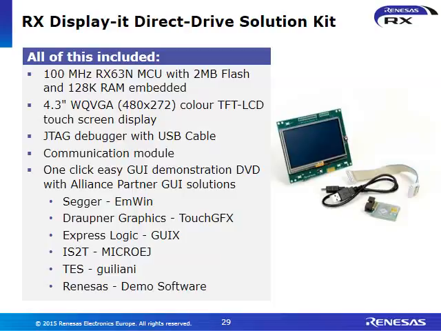It offers you a communication module as an optional item, and it offers you a one-click easy GUI demonstration, which enables you to analyze and evaluate the alliance partners like Segger, Draupner, Express Logic, IS2T, as well as our own Renesas demo software. So it's a one-click evaluation, hardly to be found somewhere else.